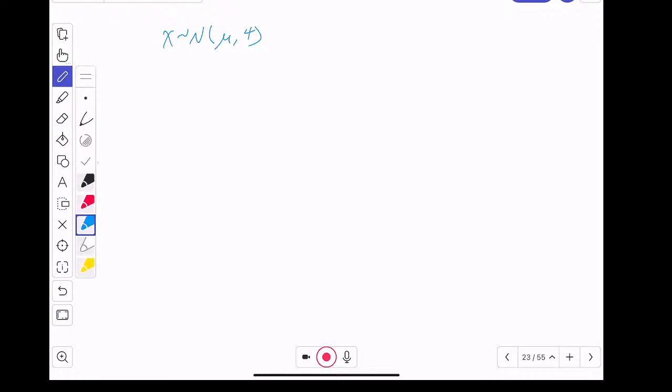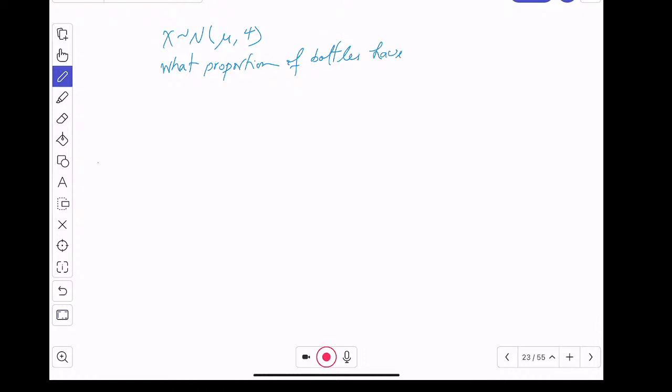So the question is, what proportion of bottles have fill volume within 1 milliliter of the mean?